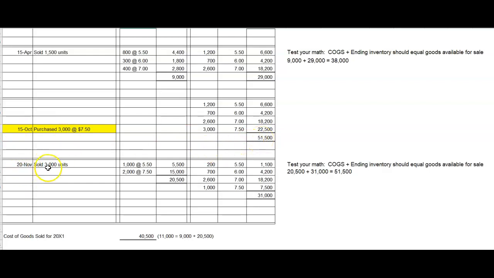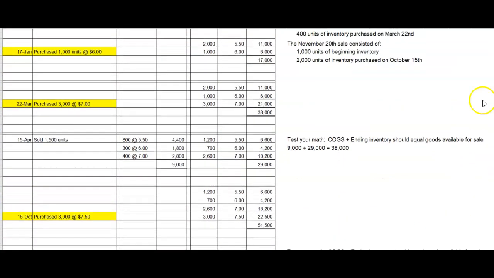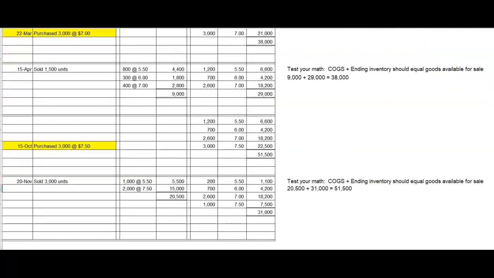Then I recognized that we sold 3,000 units on November 20th, and I simply followed the cost recipe given to us. 1,000 units of beginning inventory and 2,000 units of inventory purchased on October 15th. 1,000 of the beginning inventory at a cost of $5.50 equals $5,500, and 2,000 of the inventory purchased on October 15th at a cost of $7.50 each equals $15,000.